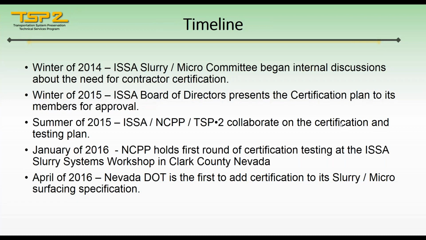We knew that a certification would be a good route to take, and so we started working on it, worked through it with the board of directors, and then chose NCPP and TSP2 to collaborate with on the certification and testing. We held our first round of testing in January of 2016, and then Nevada DOT was the first state to add certification to its servicing specification in April of 2016.